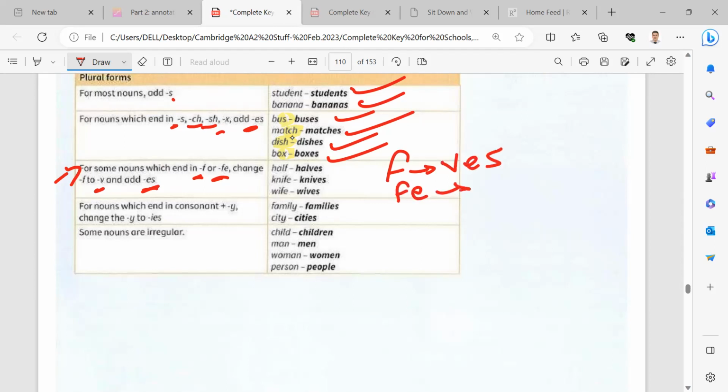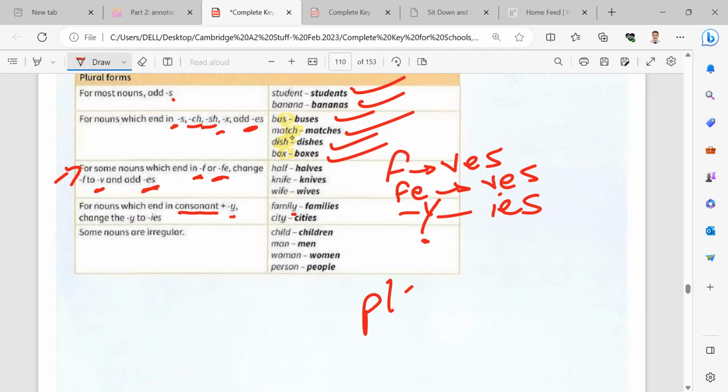Even if you have FE, write VES. Clear, Nawaf? Yes, clear. Next, nouns which end in consonant plus Y. Change the Y to I, like family, families. City, cities. So if the noun ends in Y, change Y into I and write ES. But before Y, you must have a consonant.